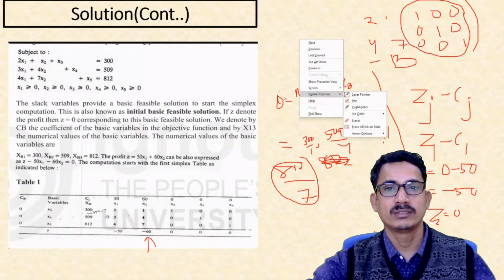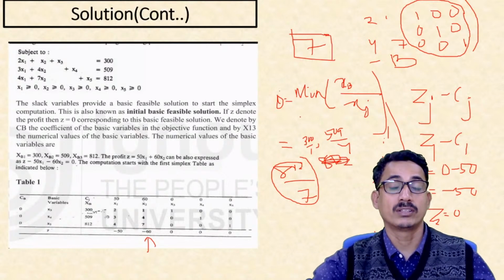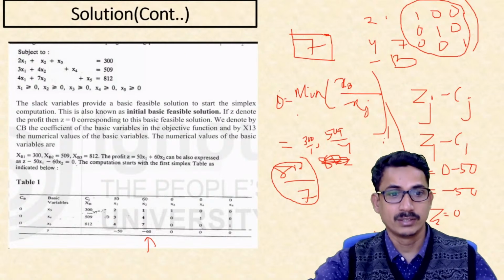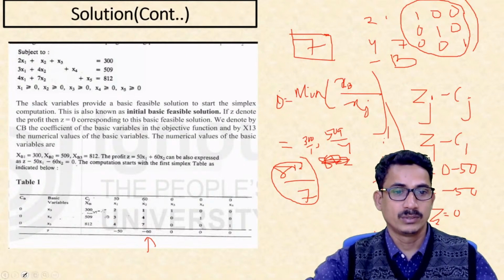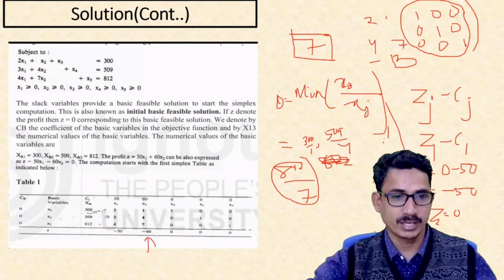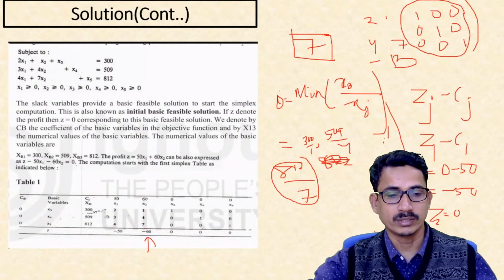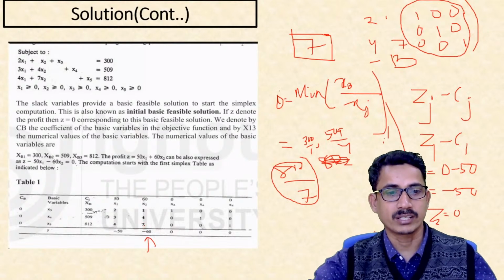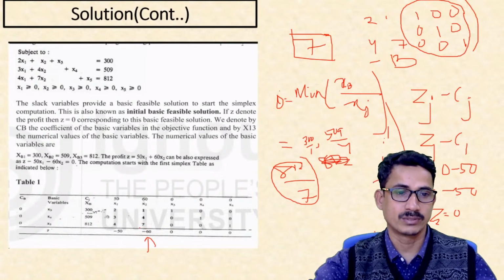This 7 is called the key element. Always keep it in this box. Sometimes it is called the pivot element, meaning by this element the next table can be formed. Where the incoming and outgoing variables cross each other, that cross position is called the key element or pivot element.